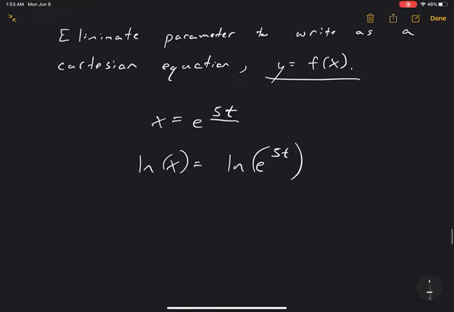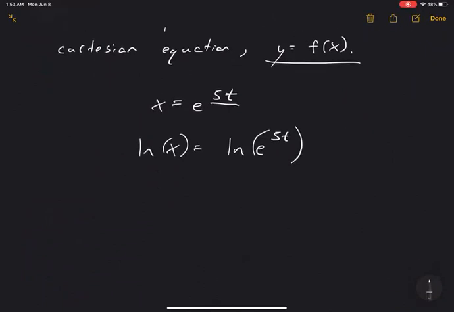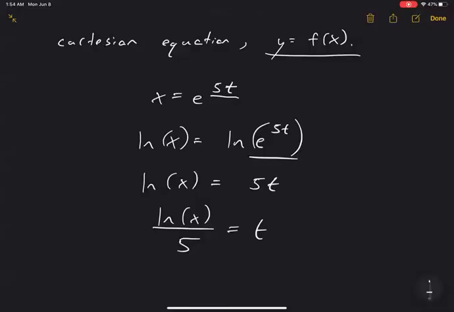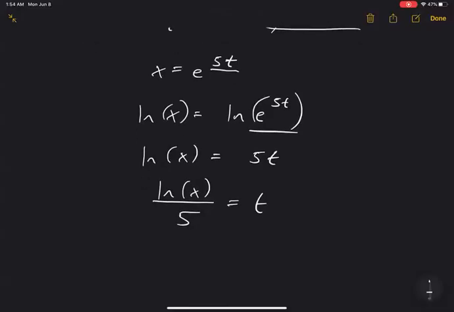what happens? Well, remember, when I take the ln of e to some power, that becomes just 5t, right? The ln and the e cancel. And then if I want to get t by itself, I would divide both sides by 5. Okay, so I have an expression for t now.